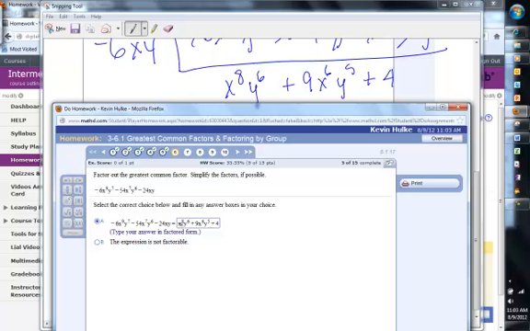Oh, I forgot the other factor. Parentheses. Yeah, I got to get the factor that's out front. Negative 6xy. There we go.